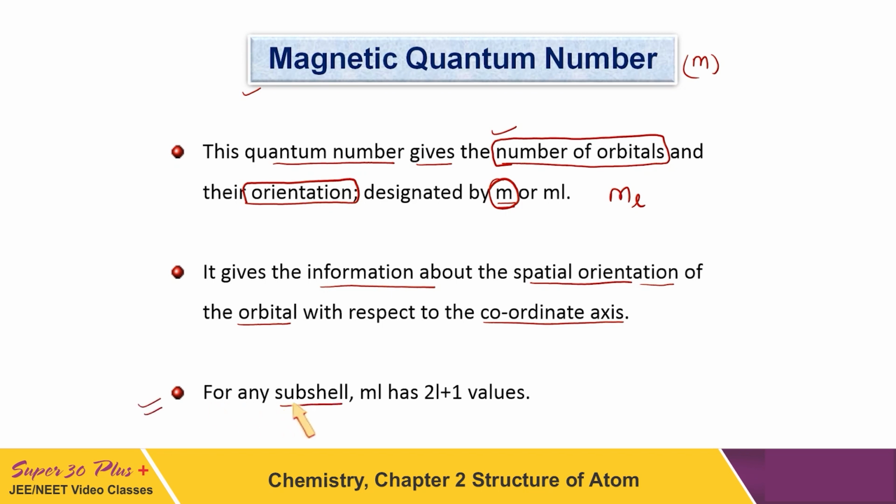For any subshell, the magnetic quantum number has how many values? 2l plus 1. So these 2l plus 1 are the total number of values of the magnetic quantum number.